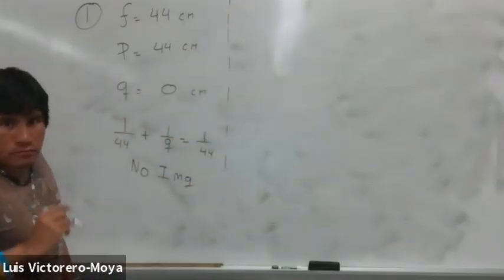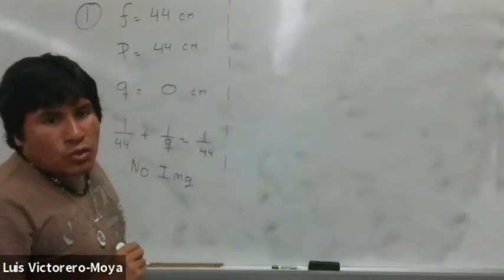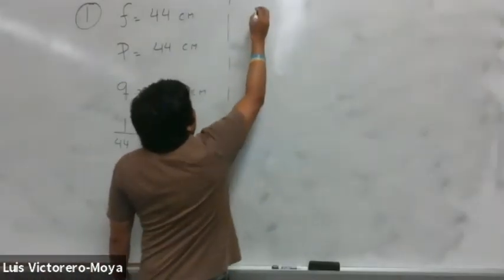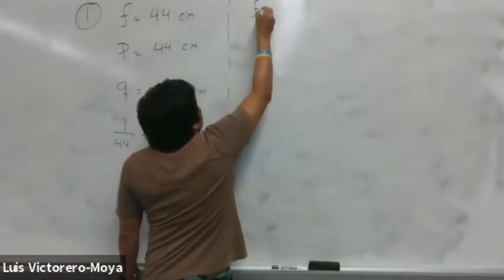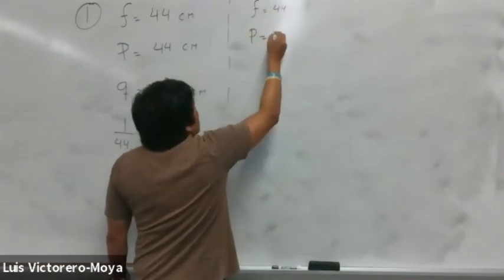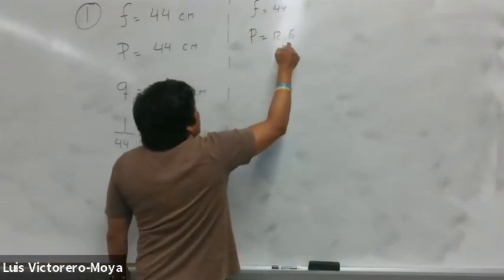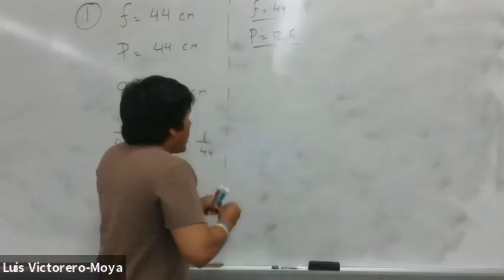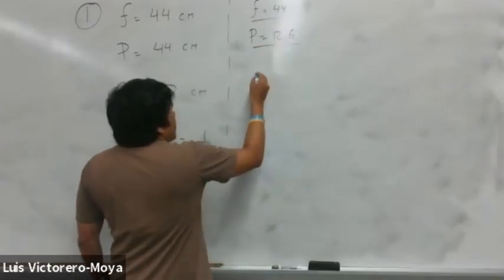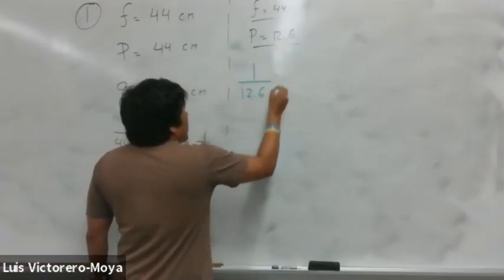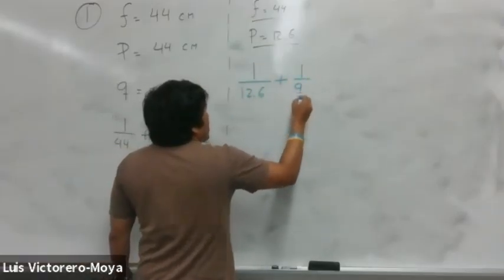Now if they give you the object distance of 12.6, so the focal length is still 44, but now the object is 12.6. Clearly, look at this case. What you want to see? The q will be negative. The image distance will be negative.